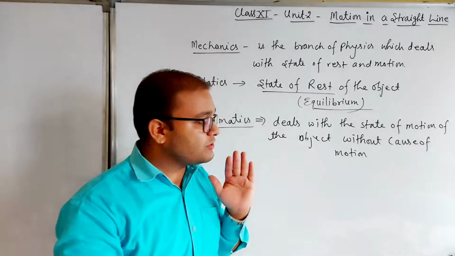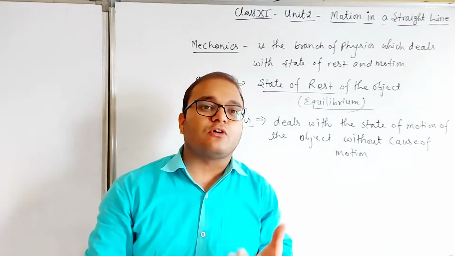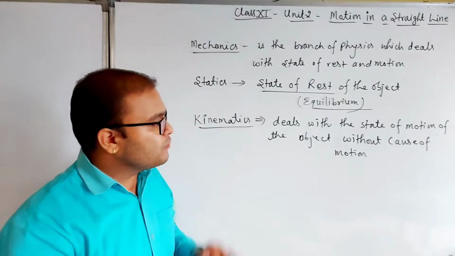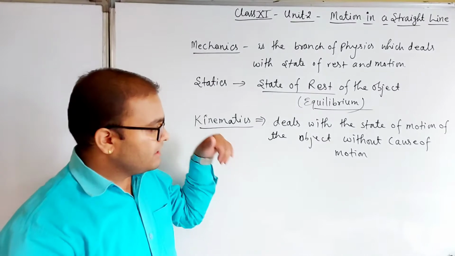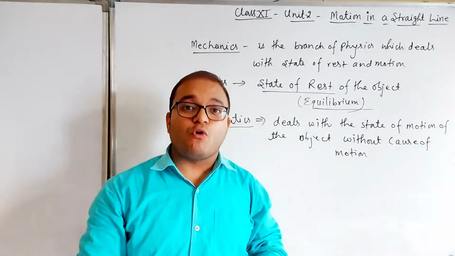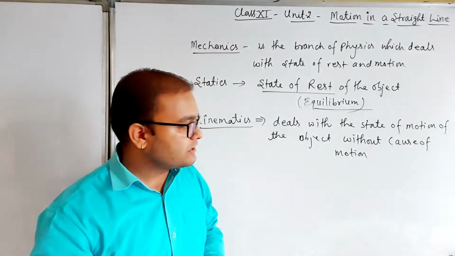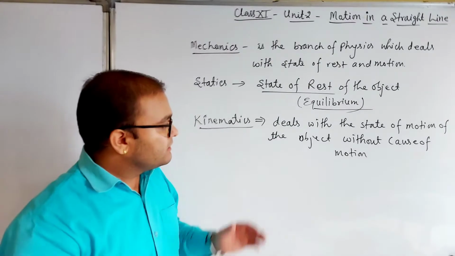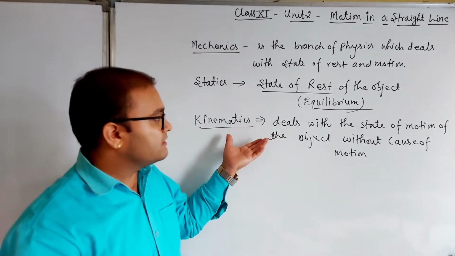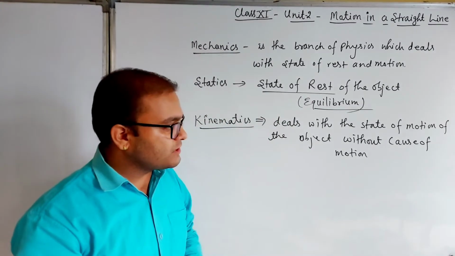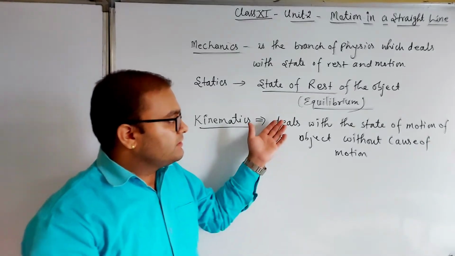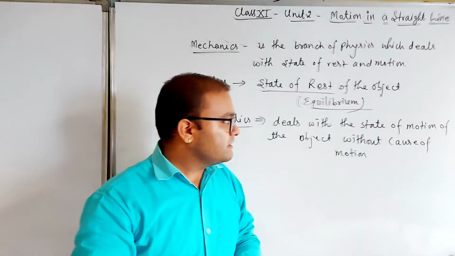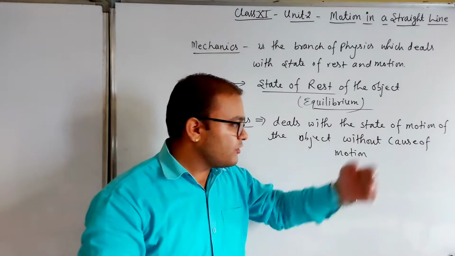What is the cause of motion? You know, for moving any object we have to apply some force. So force is the cause of motion. In kinematics it is the state of motion, but we will not discuss the cause of motion.